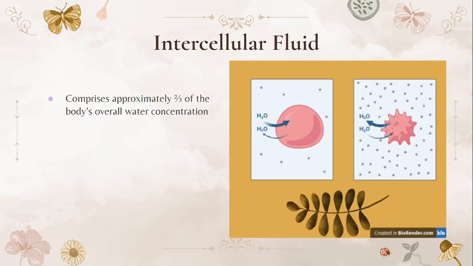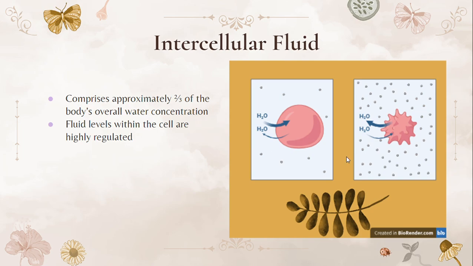Now, intracellular fluid, and I'm going to touch on plasma and interstitial fluid again in a minute, but intracellular fluid comprises actually about 60% of the body's overall concentration of liquid. And these levels are highly regulated, and they have to be highly regulated all of the time.